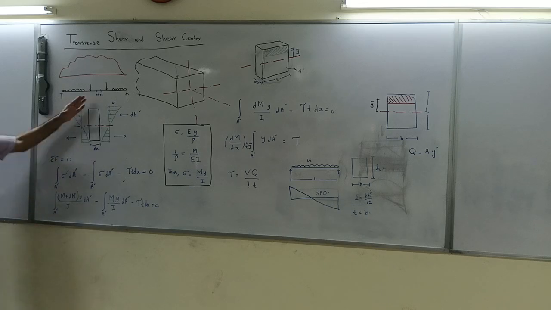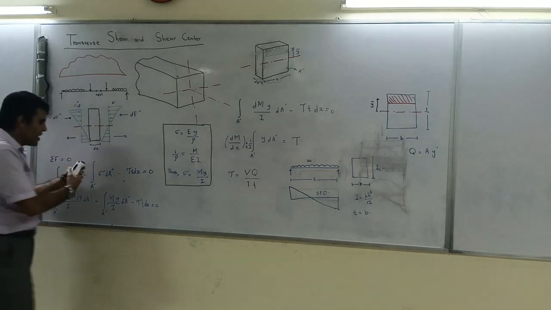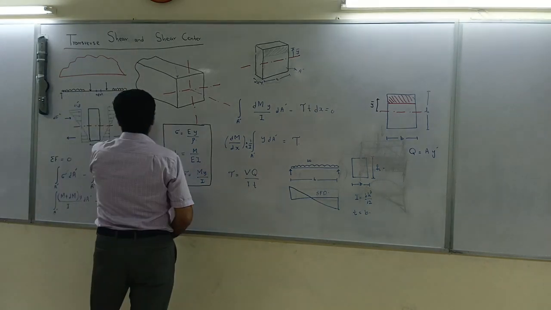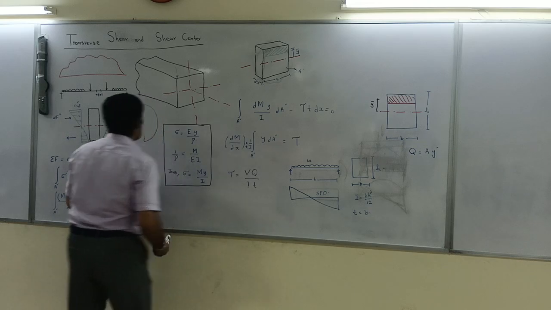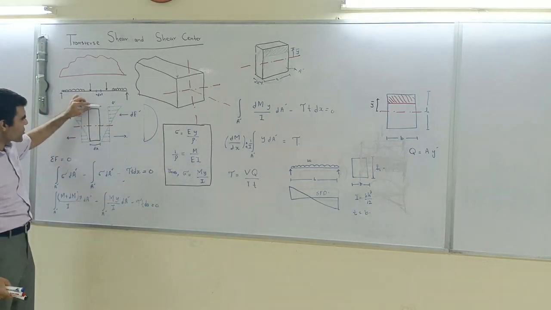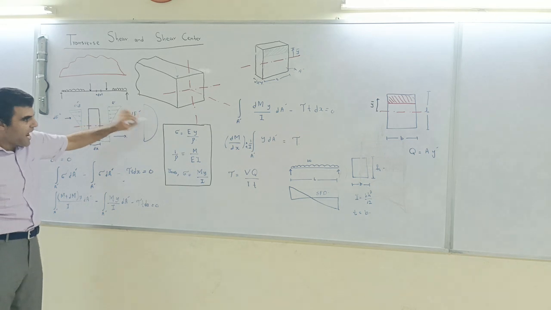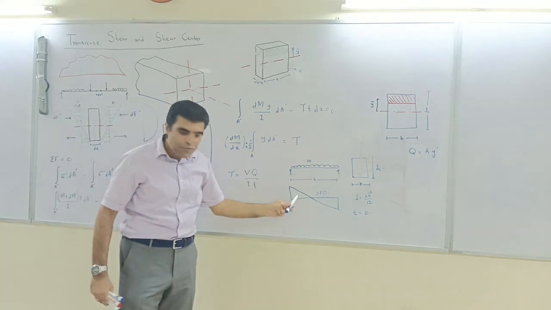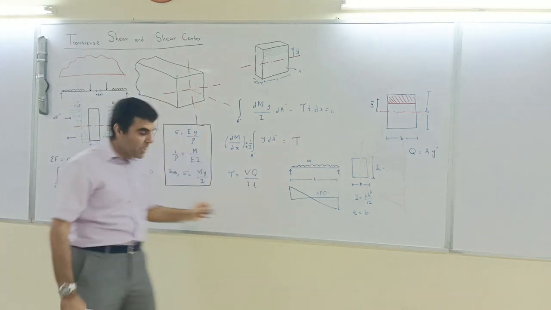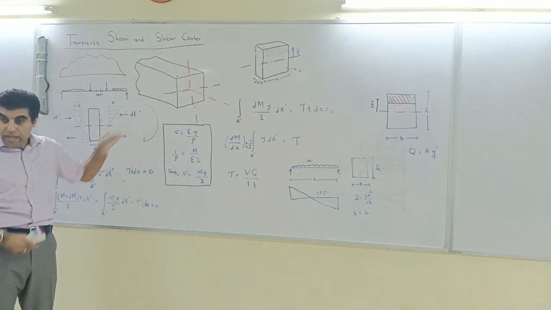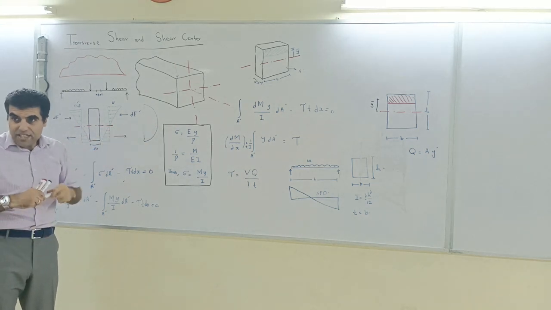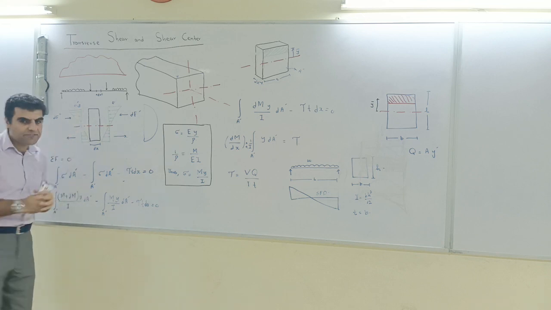So, in other words, the shear distribution on this one is parabolic. And what you get from your shear force diagram is actually the resultant, or in other words, the maximum shear.